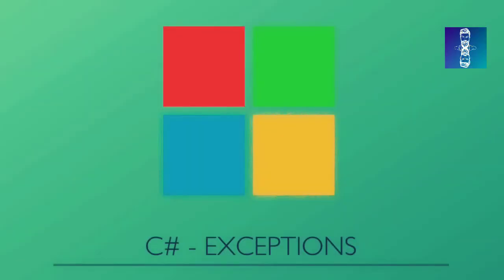C# exceptions. This doesn't mean probably what you think it means. I'm not going to talk about exceptions in C# as the English language defines it. Exceptions are occurrences that take place in our app when the code does something that C#, or .NET rather, doesn't expect to happen.